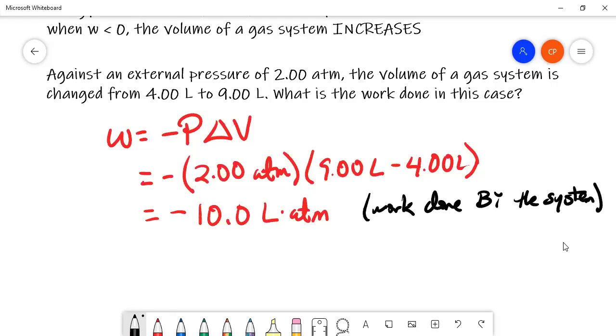But more often than not in Sapling, when you get asked a problem like this, the blank that you're going to have to put the answer in is going to have joules on the right side of the blank. Liters atmospheres do convert to joules very directly. Okay?